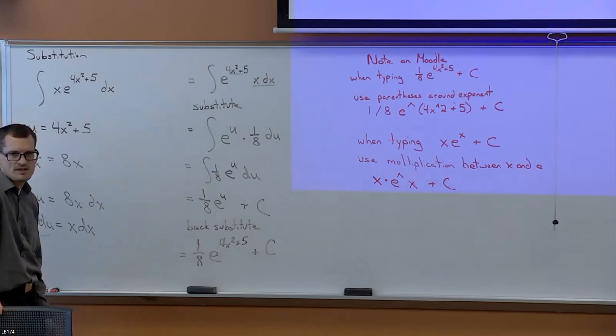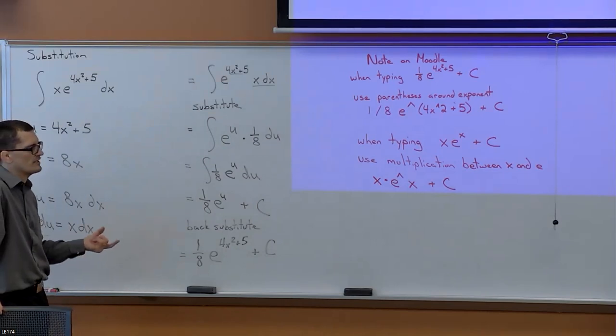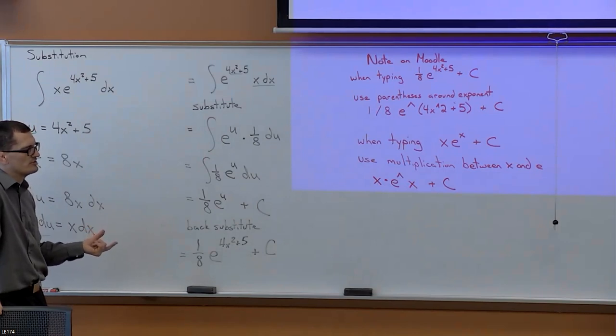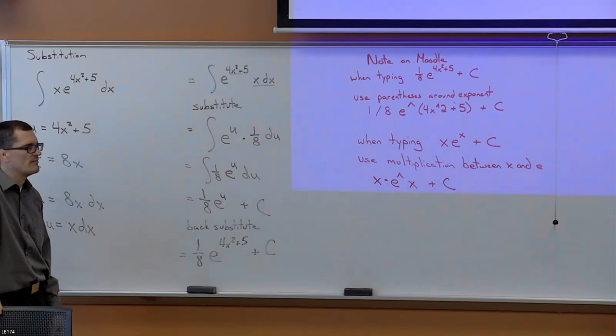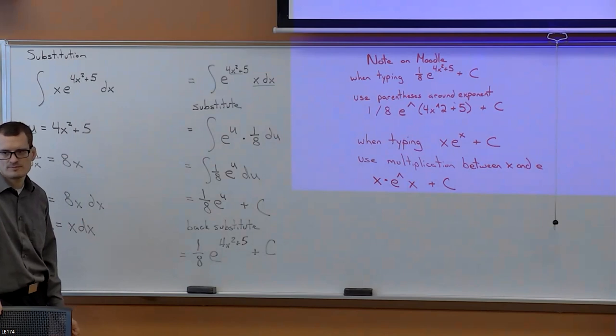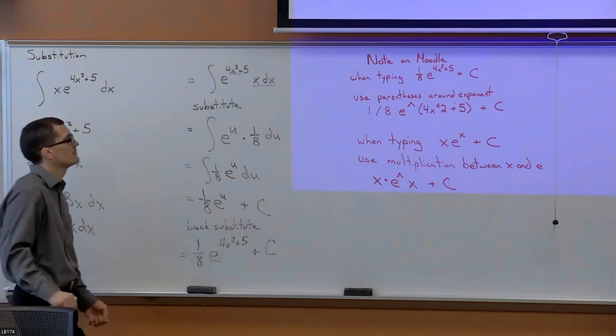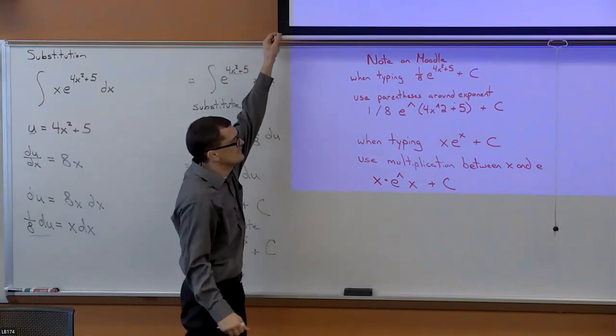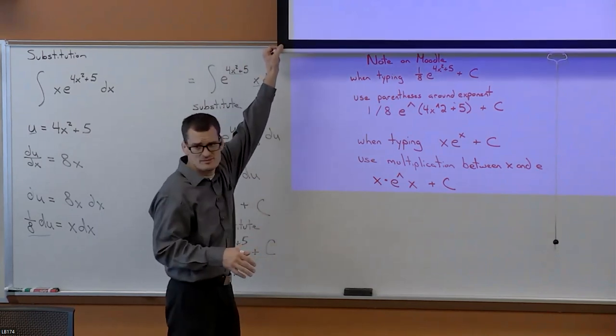So if you have a number in front, you don't have to worry about the multiplication symbol between the number and the E. But if you do have another variable in front, you get it. One of those weird things on Moodle. Any questions about that? Great.